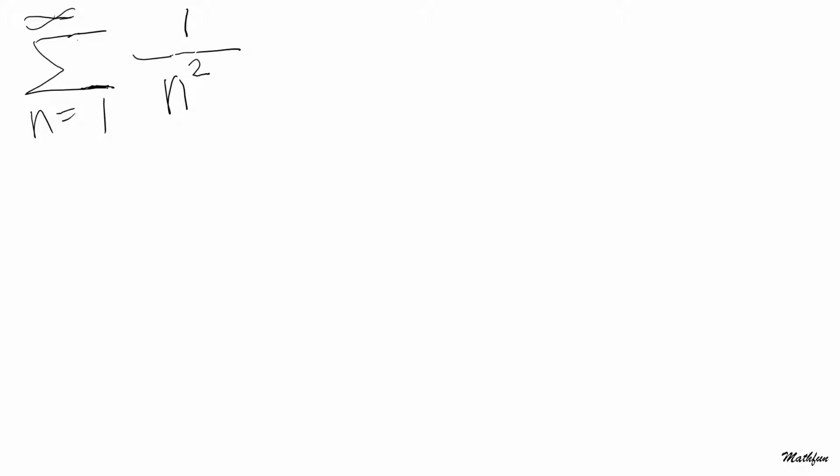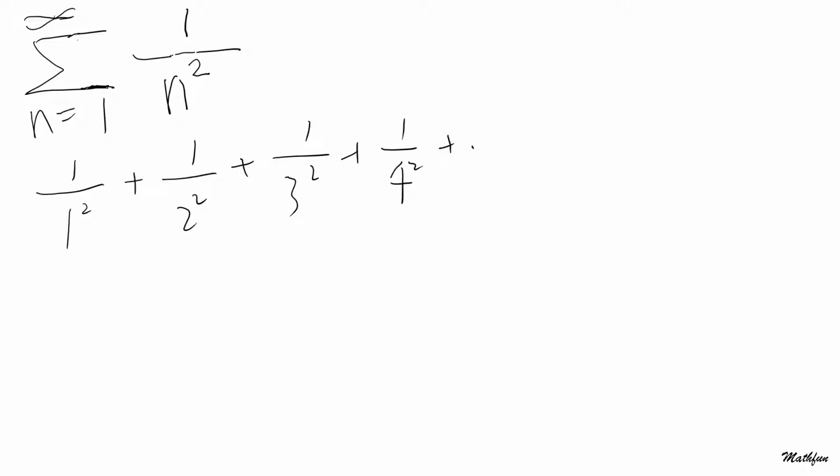Okay, so let's do this. The reciprocal of n squared. Well, the first item is obviously 1, so that will give us 1 over 1 squared plus 1 over 2 squared plus 1 over 3 squared plus 1 over 4 squared, etc. Now we're going to take the first item, just call it 1 because it is 1.